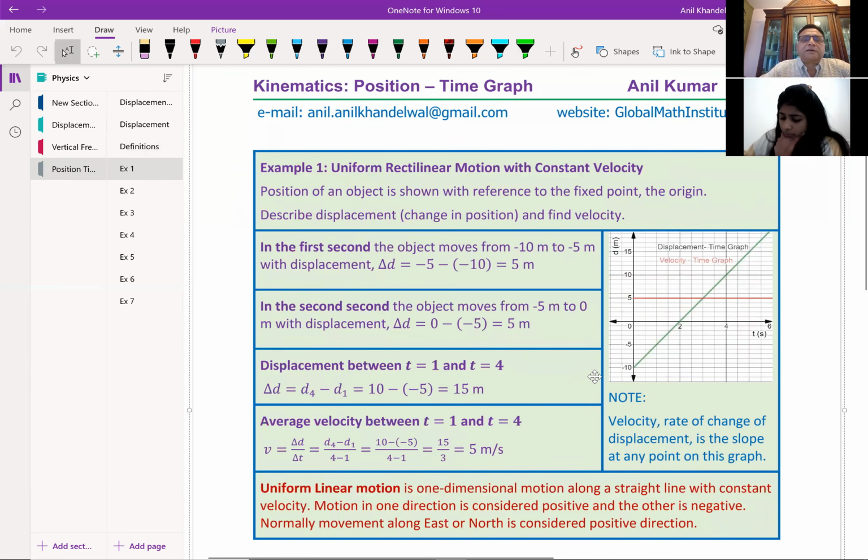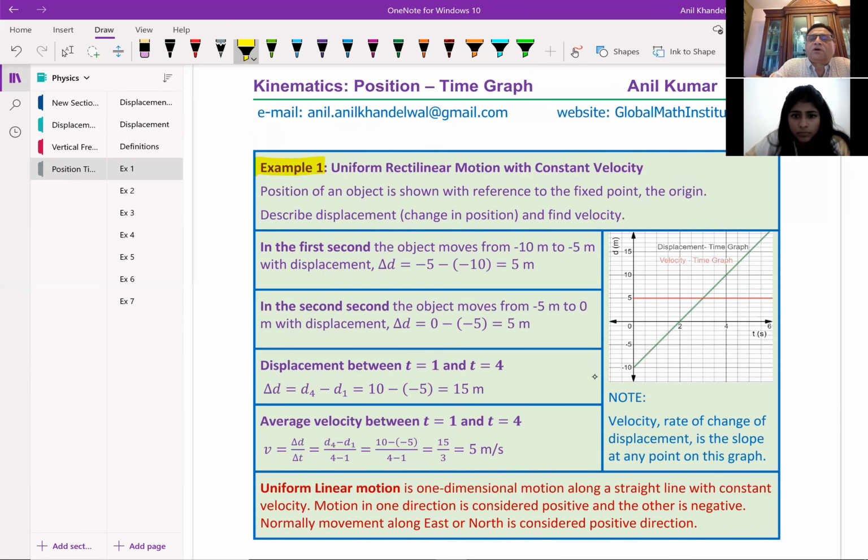So the very first example here is of uniform rectilinear motion with constant velocity. So when we say uniform rectilinear motion, it means we are talking about a straight line motion, correct? So in most of the cases, when we discuss this uniform rectilinear motion, we assume that the particle is moving along the x-axis.